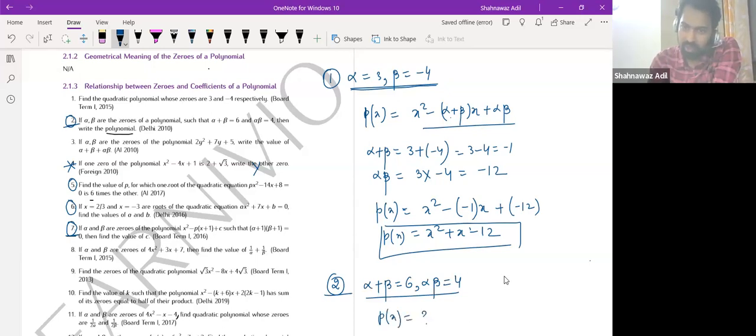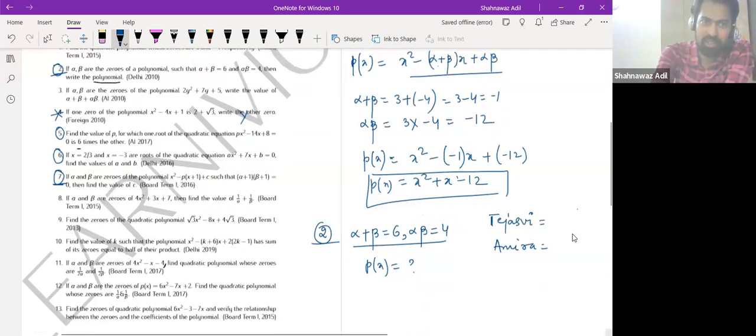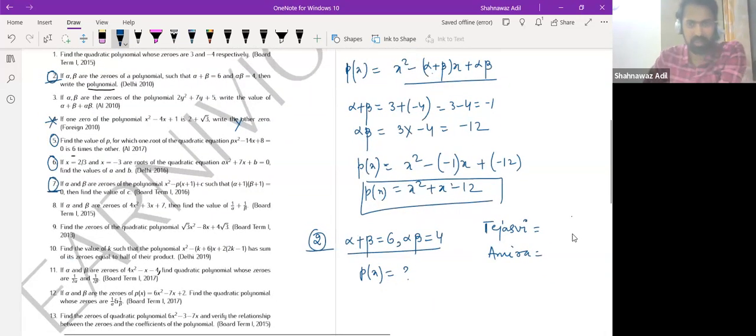Very difficult one, but you guys tell me the answer, right? You will not need any pen and paper to solve this one. Yes, guys, please do this problem.